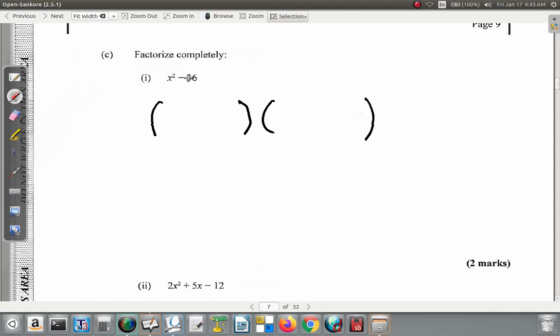On the left you have x squared, and minus. So this is the difference. What's the other square? In other words, what do you square to get 36? It is 6. So you have x squared minus 6 squared.